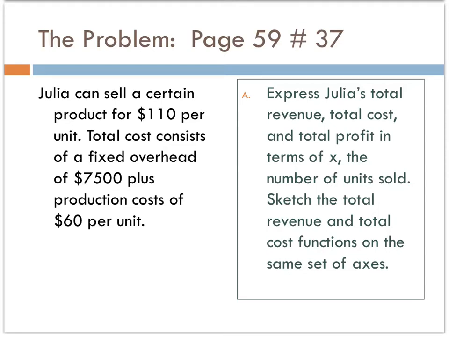Now, the point of seeing where those functions intersect is because that will give us a visual of that break-even point. When we see where they cross, we see where the cost function and the revenue function meet and where that revenue or profit or the loss starts to happen.